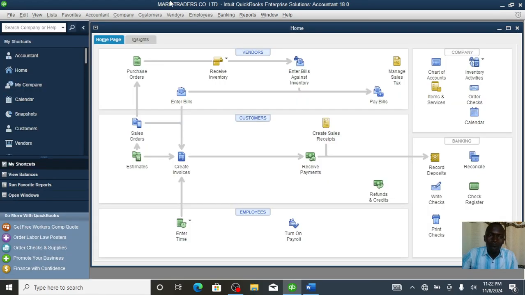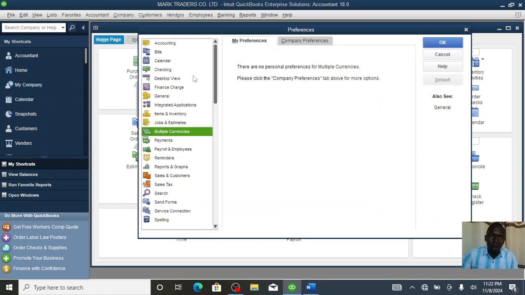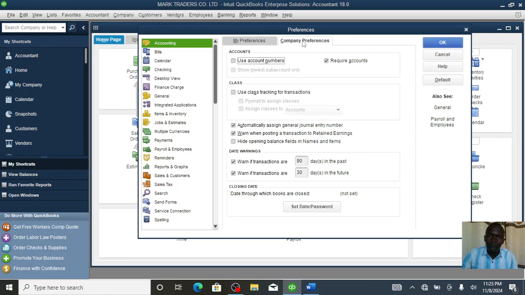We are waiting for it to load. We go back to edit such that we remove those warnings. Go to accounting, company preferences, we uncheck this, then okay.